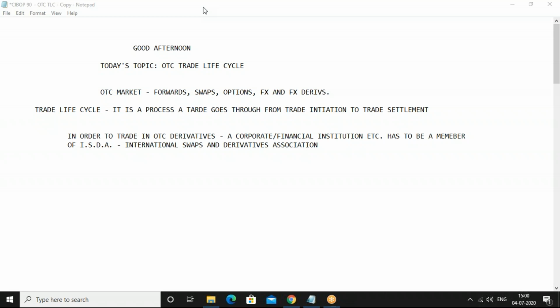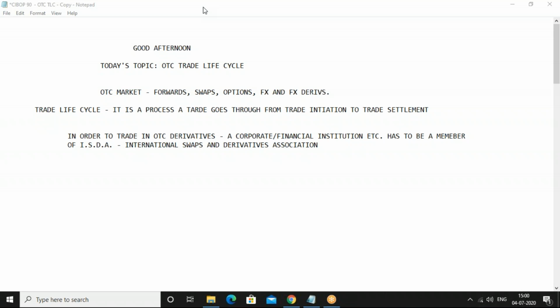So if you have $1 billion and above, you can apply to become a member of ISDA. Because we're talking about $1 billion, that basically discounts 99.99% of the world population, and that's why most retail investors cannot and will not trade in the OTC derivative market.